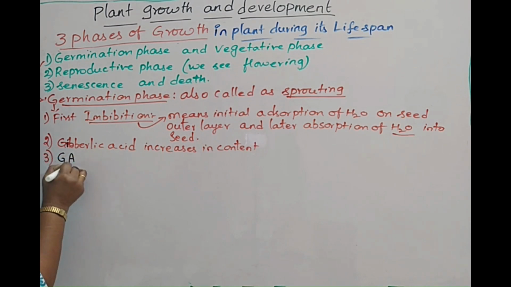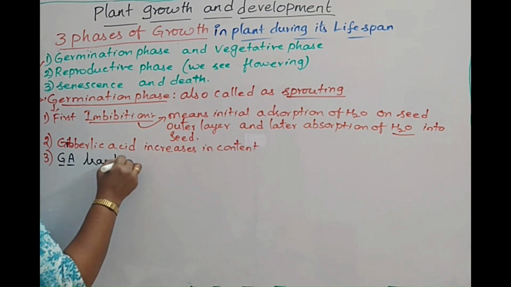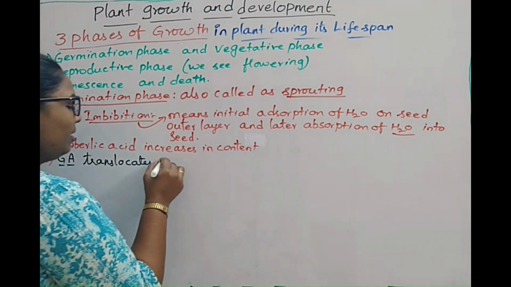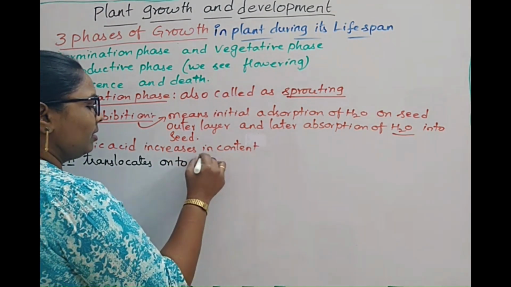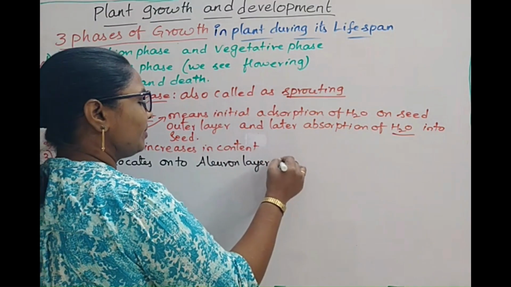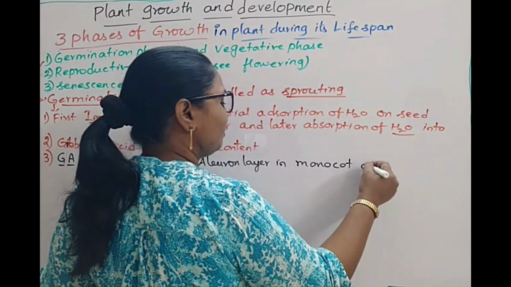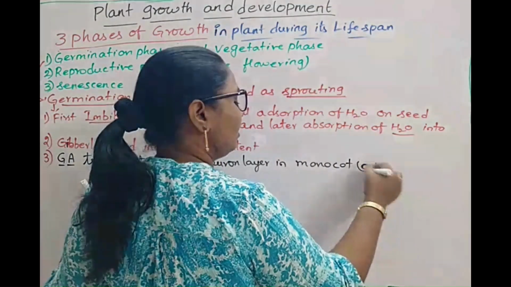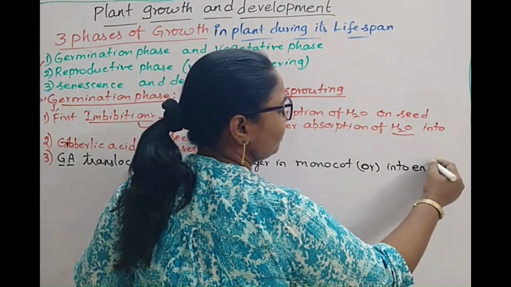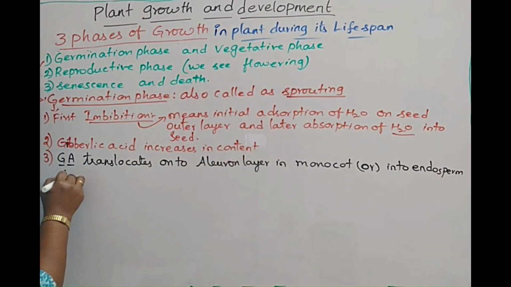Gibberellic acid I am writing as capital G, capital A. It translocates onto the aleurone layer in monocot, or into the endosperm in dicots.